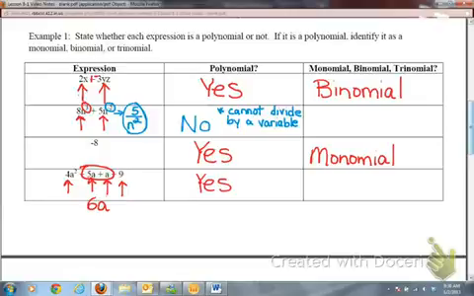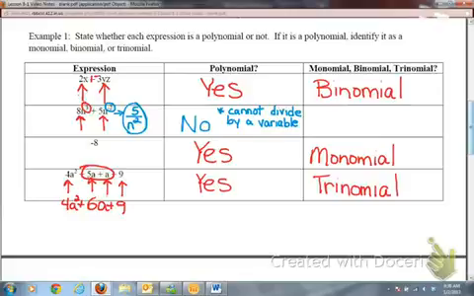So this long polynomial can be simplified into 4a squared plus 6a plus 9. And so that has 3 terms, and so that makes it a trinomial. So if you can simplify them, you do, to classify them.